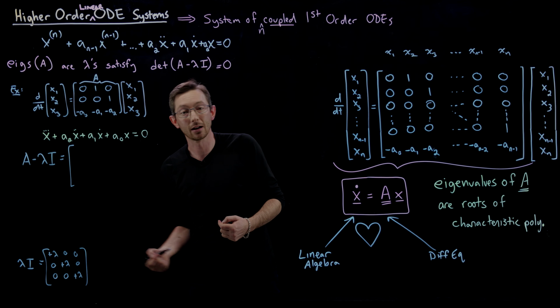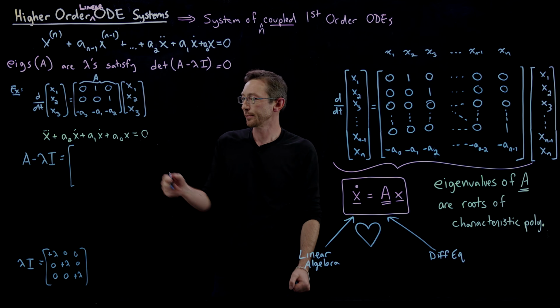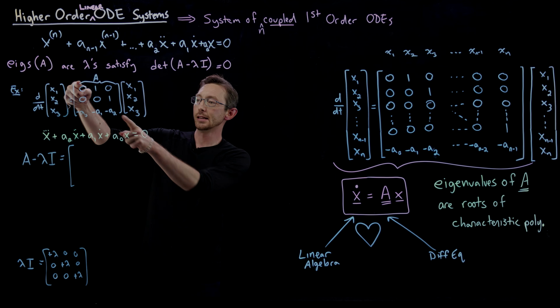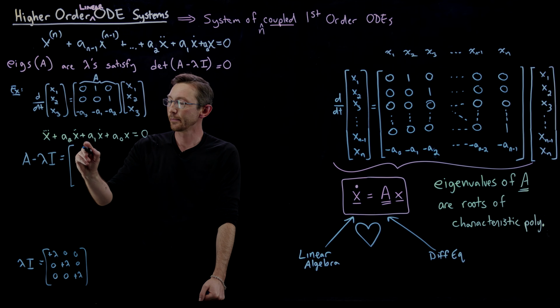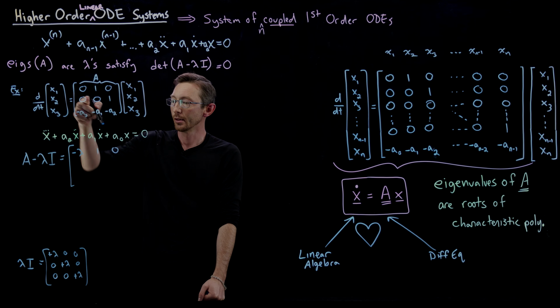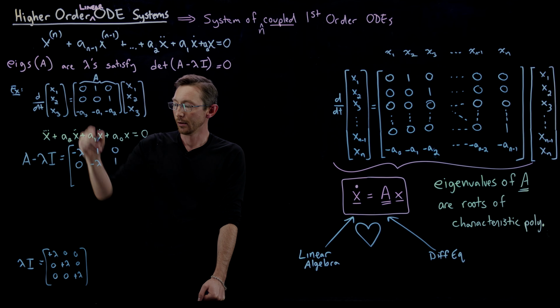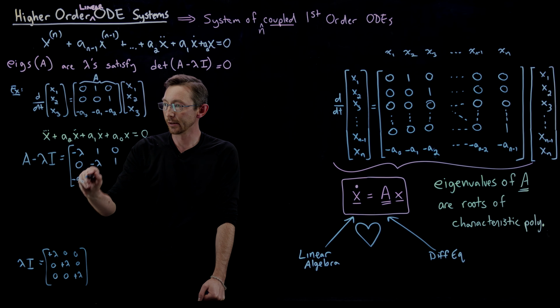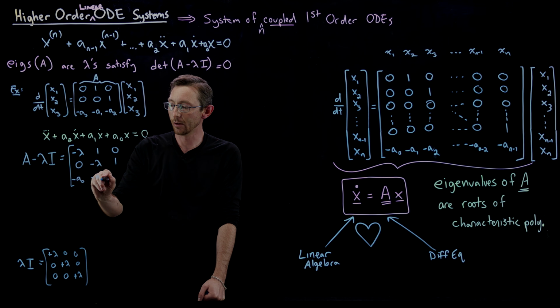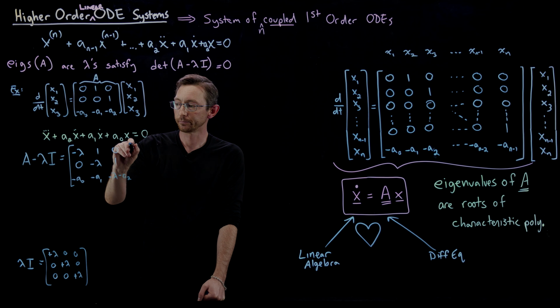If I multiply it by a constant lambda, it's diagonal of lambdas. So A minus lambda I is this A matrix minus this matrix. And so that's minus lambda, 1, 0, 0, minus lambda, 1, minus A0, minus A1, minus lambda minus A2.